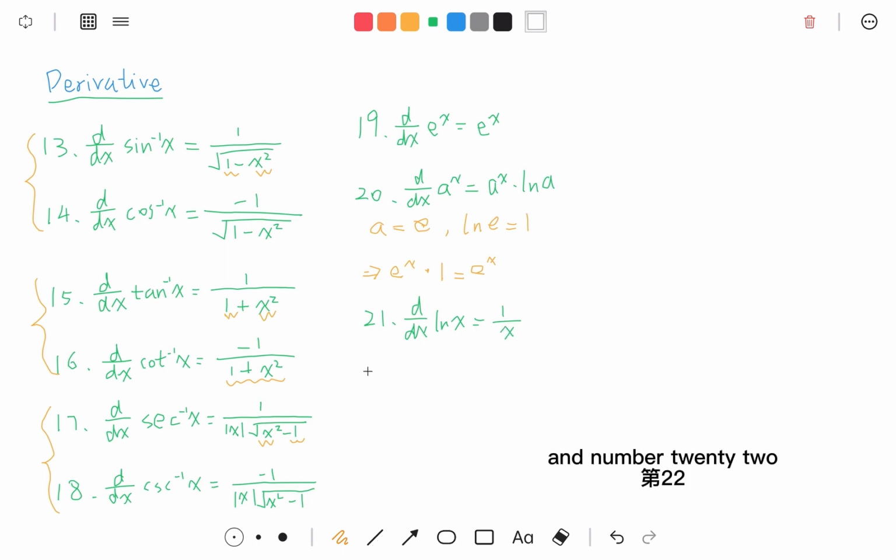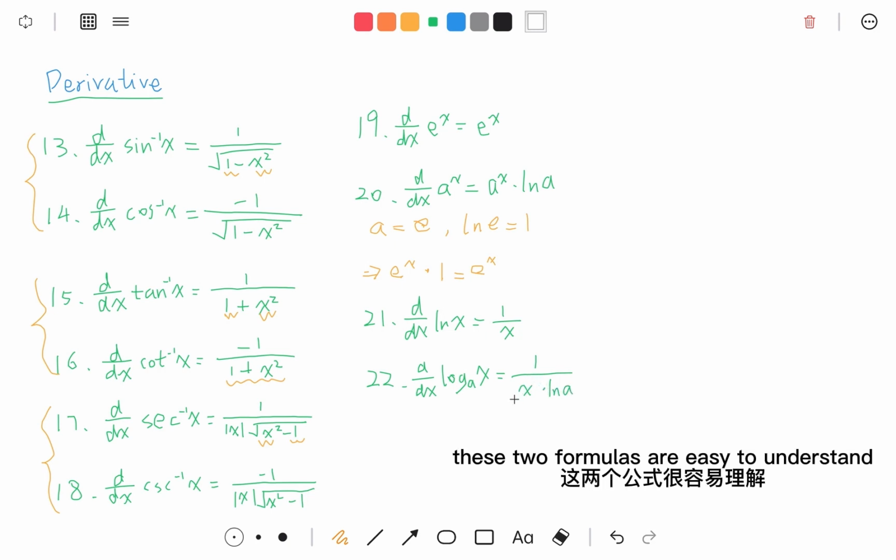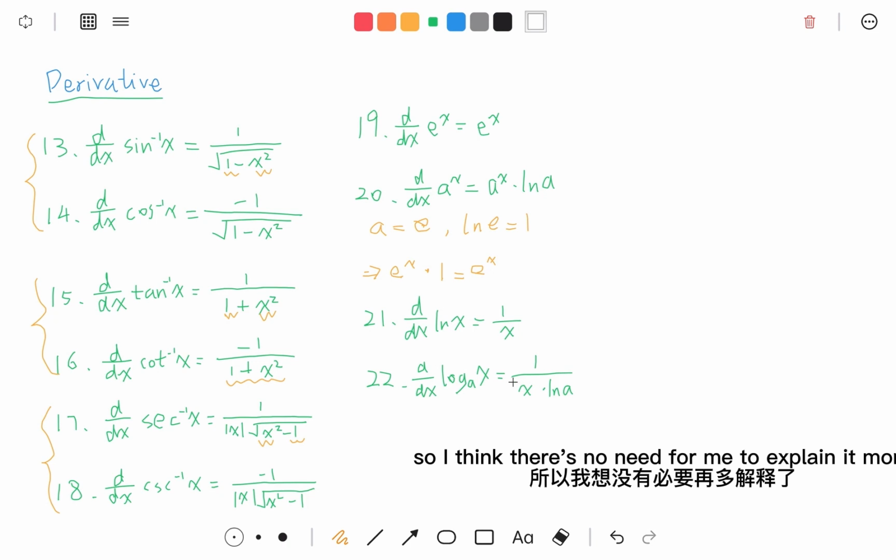And number 22, d/dx log base a of x is equal to 1 over x times ln a. These 2 formulas are easy to understand, so I think there's no need for me to explain them more.